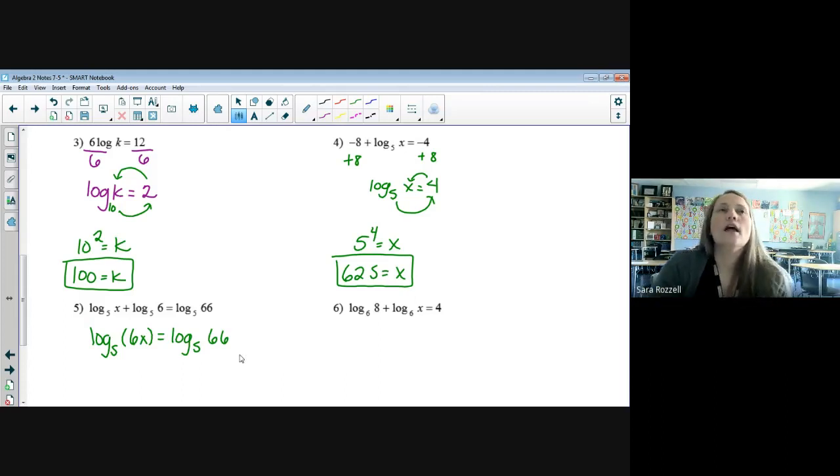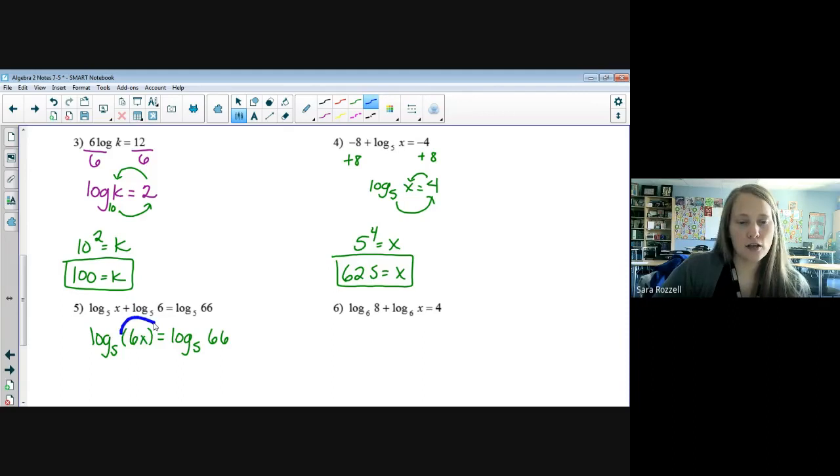So all of the problems that we've done so far have had log equals a number, and we're able to write it as a power and solve it. This doesn't have log equals a number. It's got log equals another log. So if you're doing the log of something and it equals the log of something else, in your brain, you should automatically think, if I'm doing the log on both sides, the things that I'm taking the log of have to be the same.